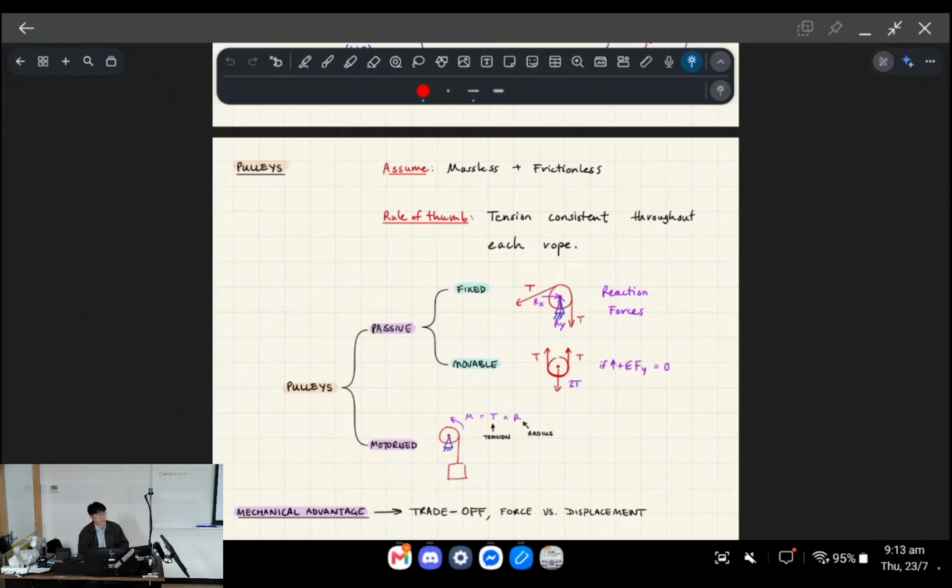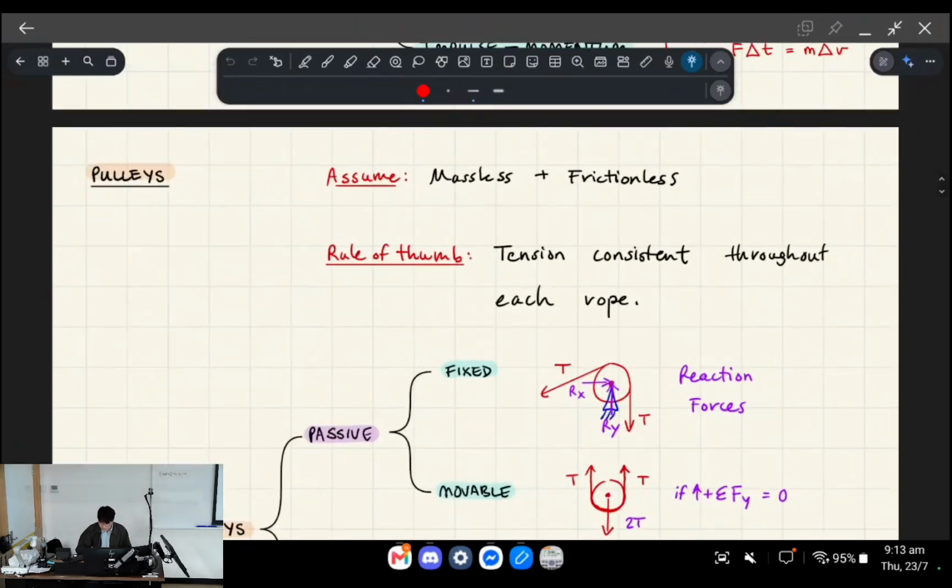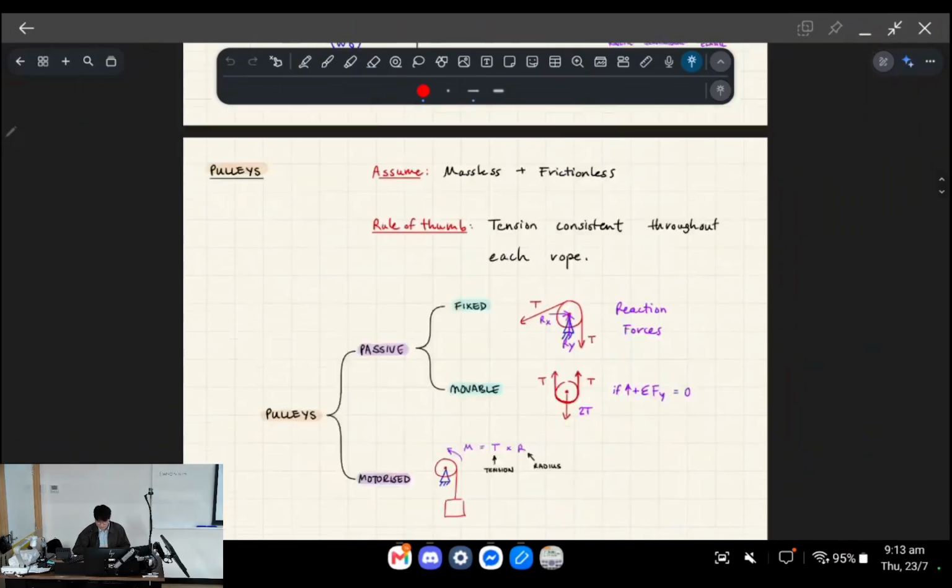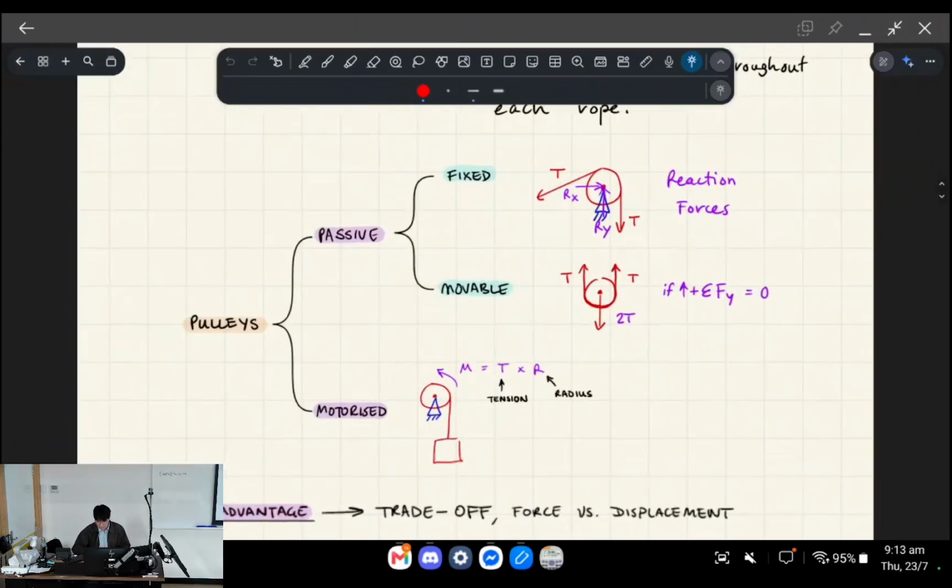Okay. So before we get into anything, I just want to break down a few concepts which you'll start to see in the next few weeks. And one of them is pulleys. So pulleys are where you've got rope involved and you've got this wheel that is free to spin around an axis. And we assume that these pulleys are massless and frictionless, but you're going to see a few different types of pulleys.